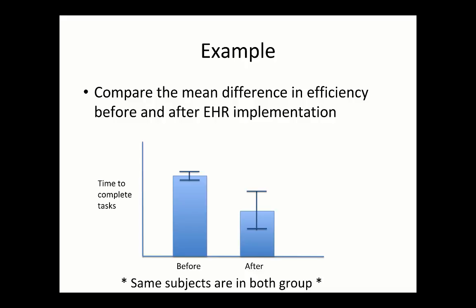Looking at the means of each group, it is likely that we would calculate a difference for each physician so that after EHR implementation, the time to complete specific tasks decreases. If we find a p-value that is less than our alpha, we could conclude that after implementing an EHR, there was a significant drop in the time it took to complete tasks.